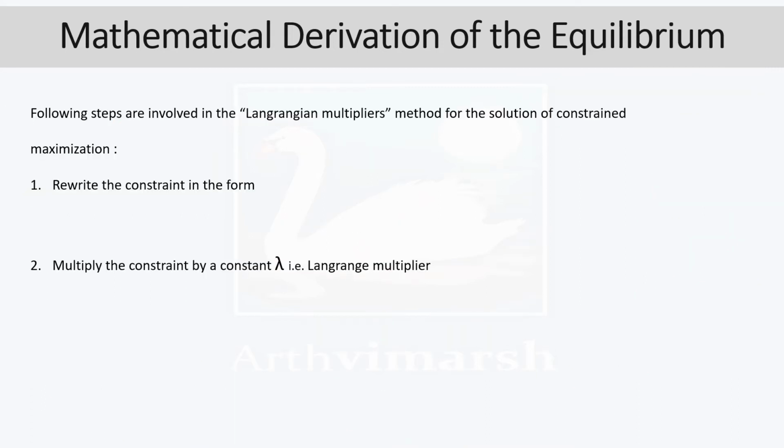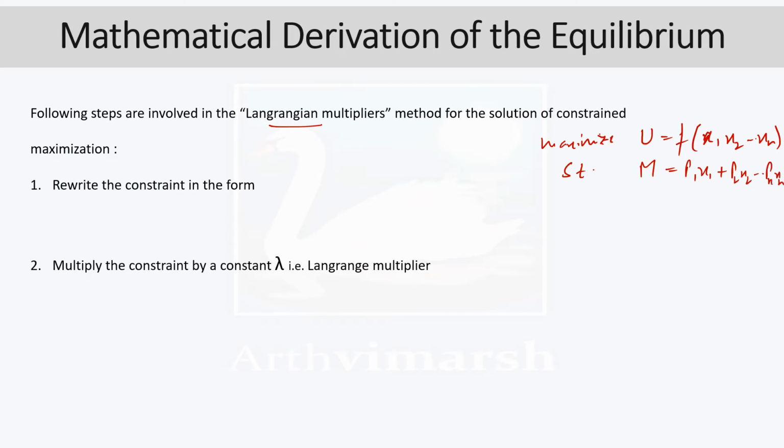For the derivation, we use the following steps involved in the Lagrange multiplier method for the solution of the constrained maximization, because our objective is to maximize the utility function, which was a function of n number of commodities, subject to the budget constraint, which was M equals price times quantity 1 plus price times quantity 2, so on up to price times quantity n.